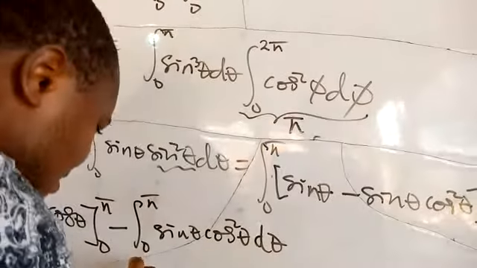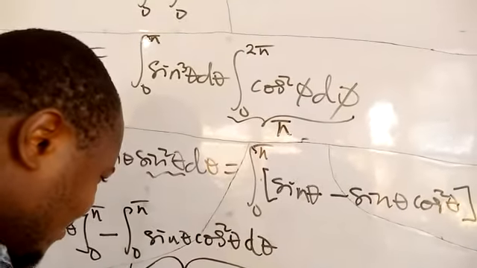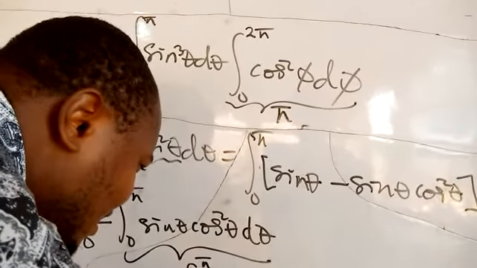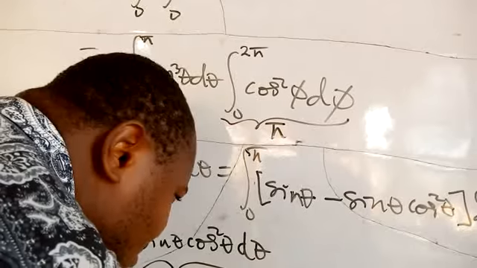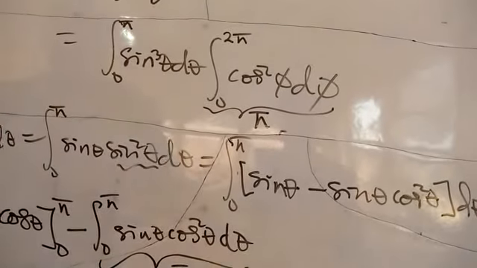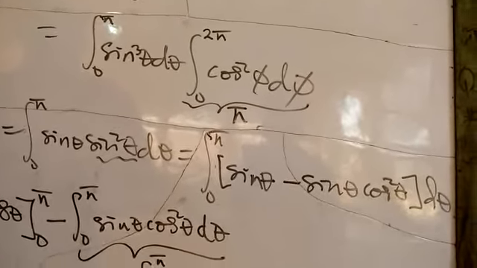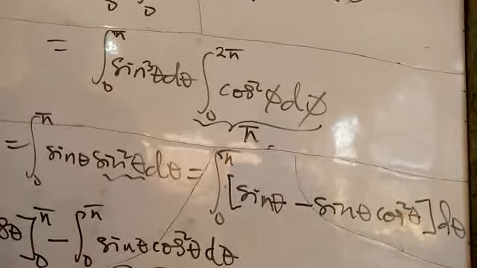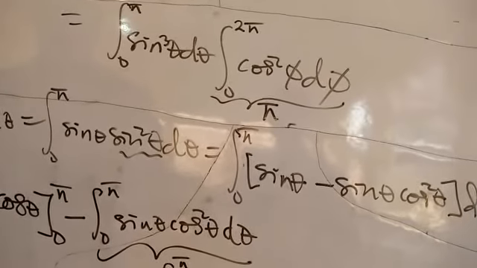For instance, this as a whole will be the same as 0 to pi with a minus sign, but cos squared theta, this time around it will be d cos theta. The minus sign is there because if I differentiate cos theta with respect to theta, I get a minus sine theta d theta, and the minus is, of course, going to be cancelled by this minus sign here.